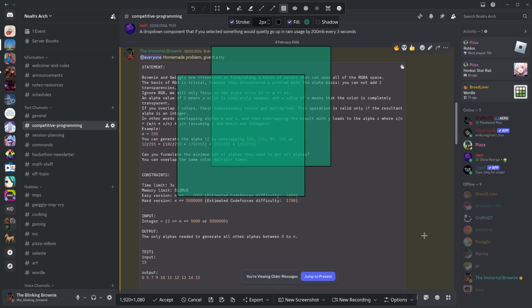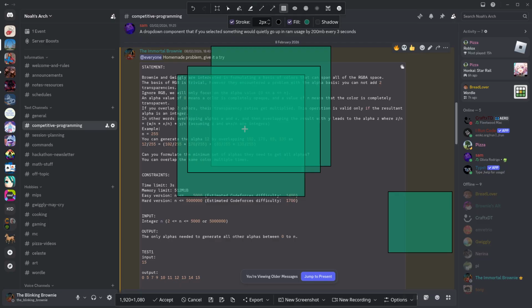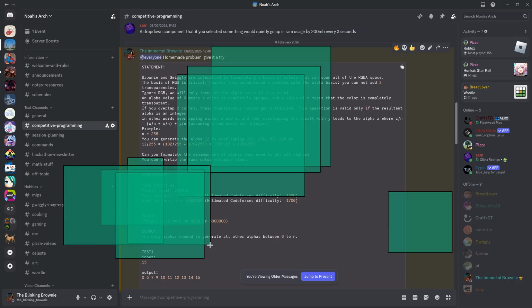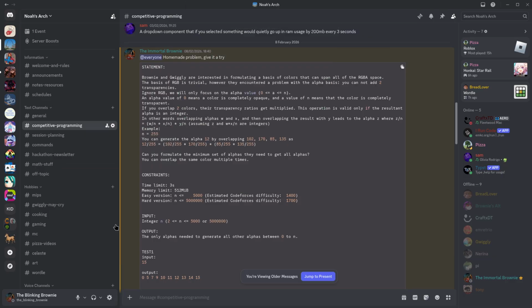So this is 50% opaque, and the middle part after putting in 2 is 75%. If I put in another one, it's like 87.5% opaque. I might be wrong, Spectacle might work differently, but that's how we're going to think about this problem. The more you put, the more opaque it becomes. So yeah, you cannot add two transparencies.